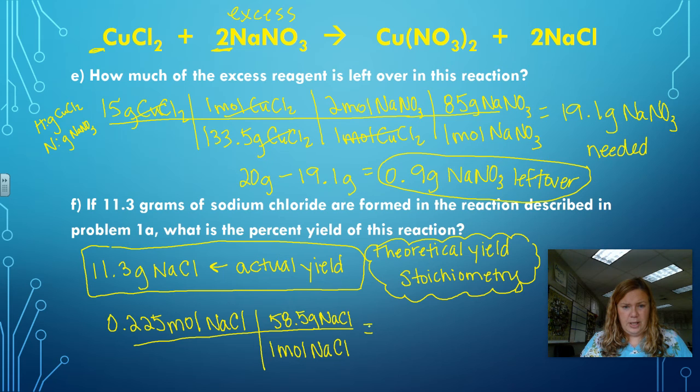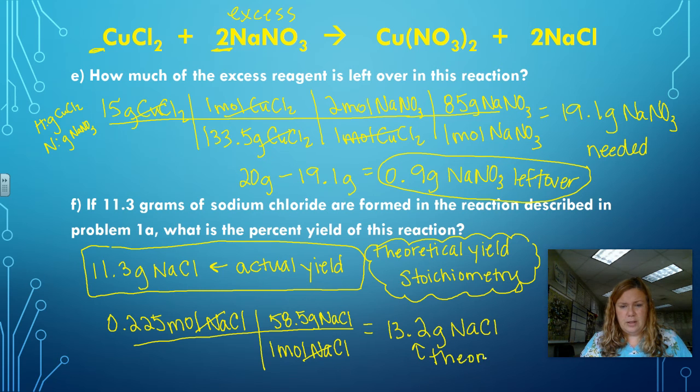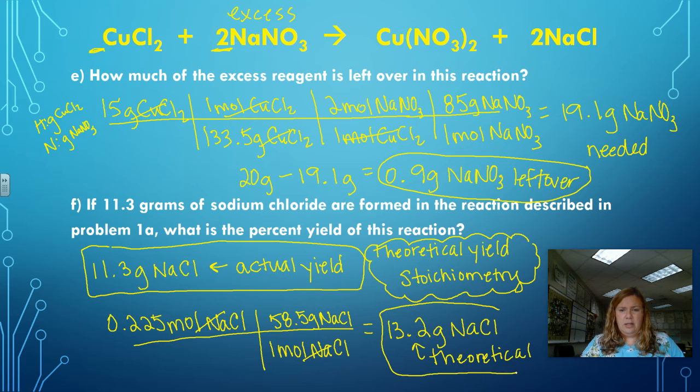Okay, and then we calculate. So we take 0.225 times 58.5 grams, and we get 13.2 grams of NaCl. This was our theoretical yield. So based on our stoichiometry calculations, this is what we'd like to get. But we didn't. We got 11.3 grams.